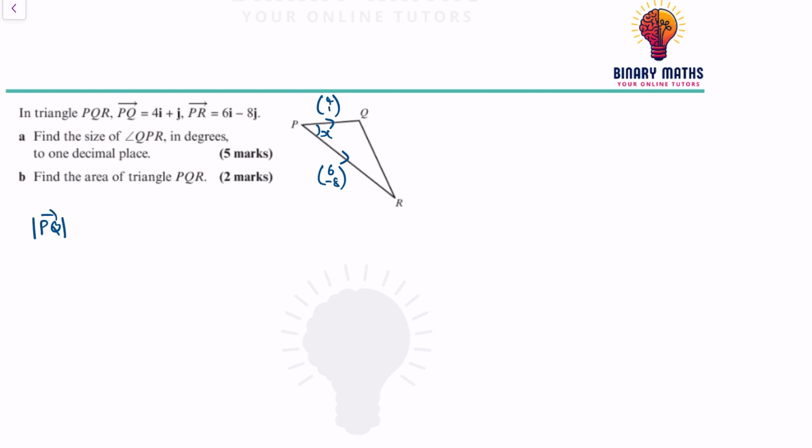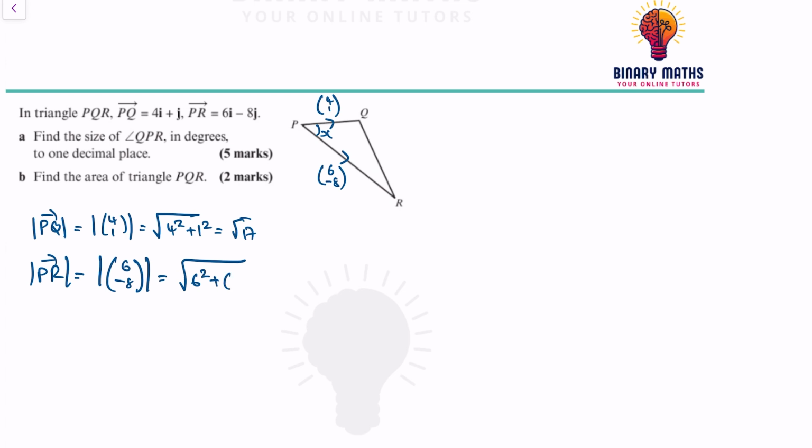The magnitude of PQ is the magnitude of 4, 1, which is equal to square root of 4 squared plus 1 squared, which is equal to square root of 17. Then the magnitude of PR is equal to the magnitude of 6, -8, which is 6 squared plus -8 squared, square rooted, which is equal to 10.